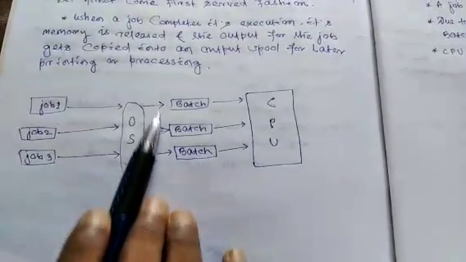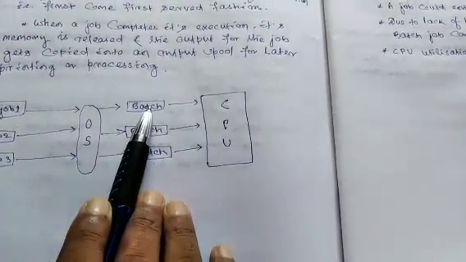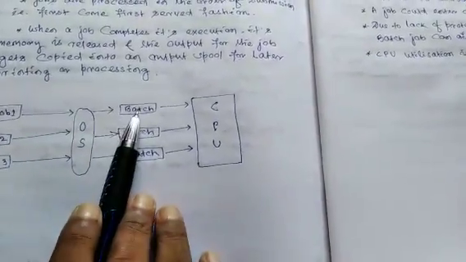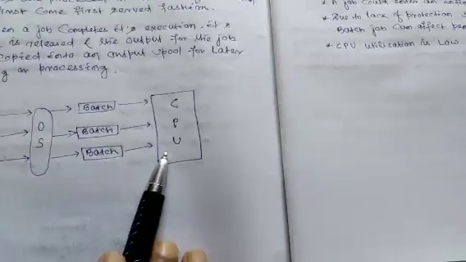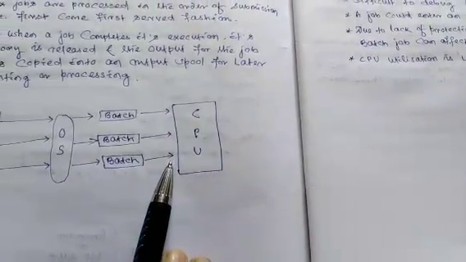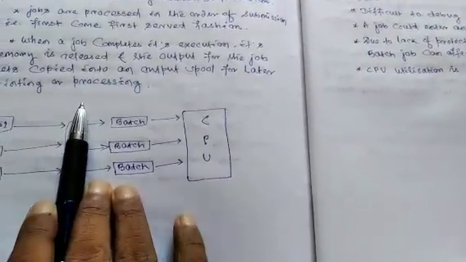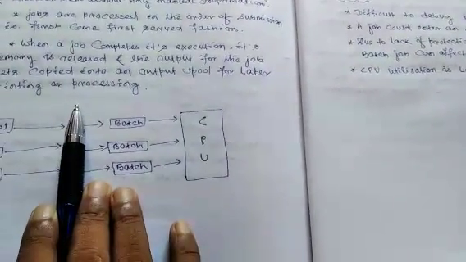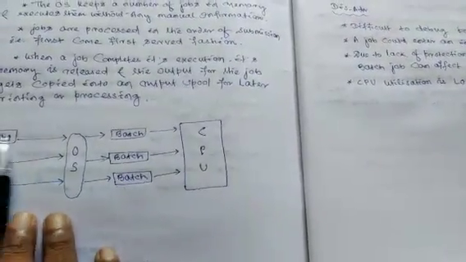According to requirement they are formed into a batch. There are many jobs and many batches also, so a number of batches can be executed on a single CPU. The operating system acts as an interface between the users and the machine.